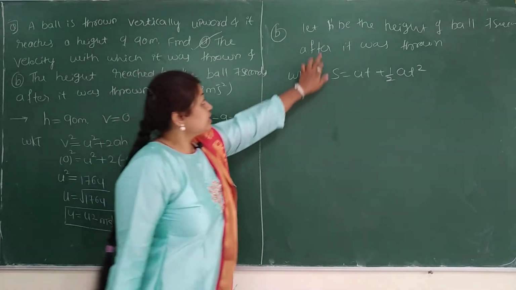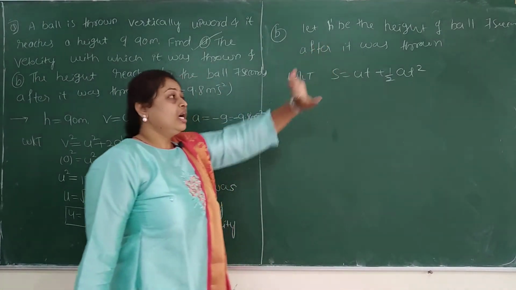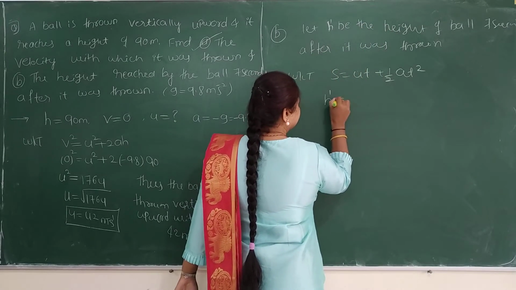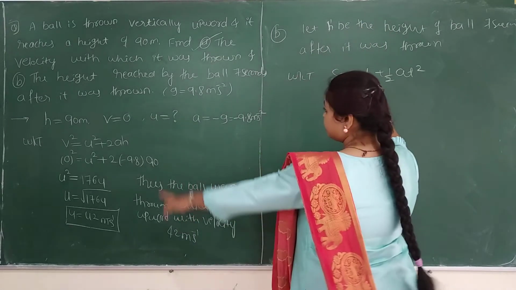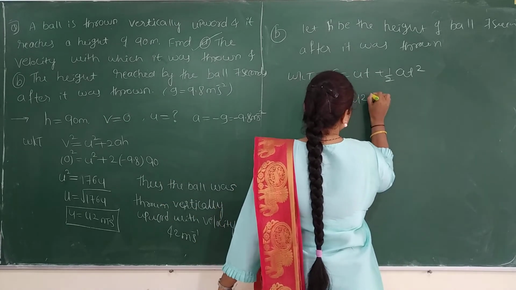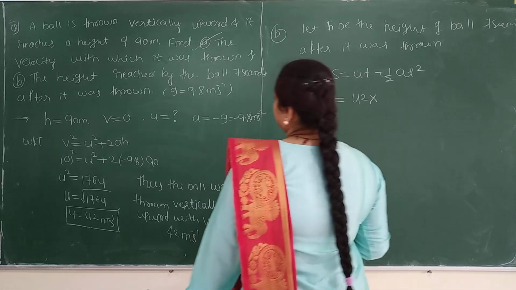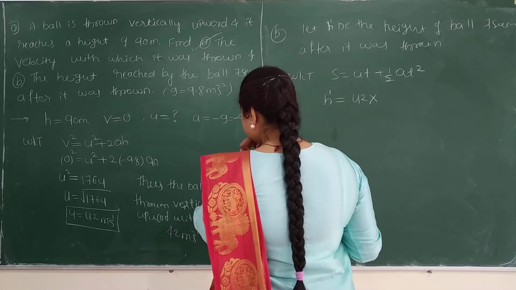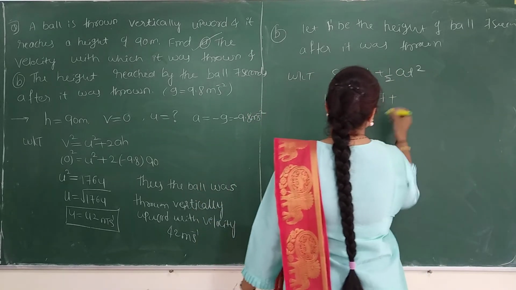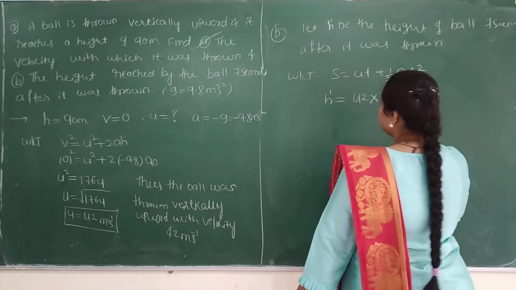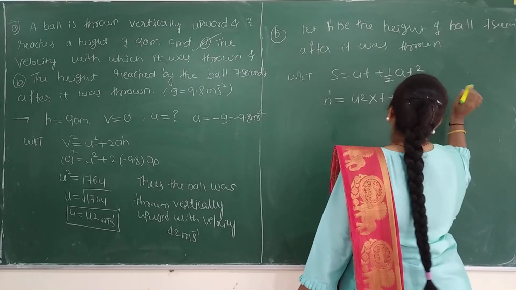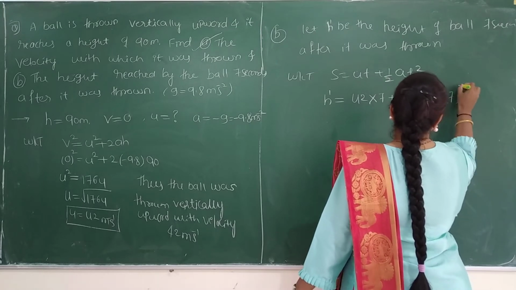Here we are considering h dash. H dash is the height the ball reaches after 7 seconds. Then h dash equals initial velocity, which you have calculated, 42, into time t, it is given 7 seconds, plus half into a value, this is minus 9.8, into t square, 7 square.